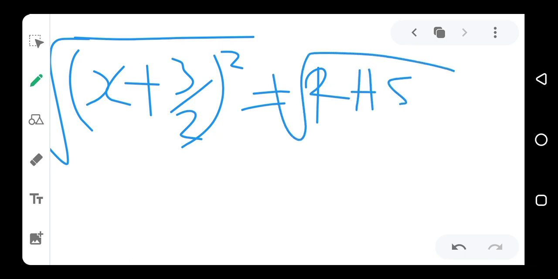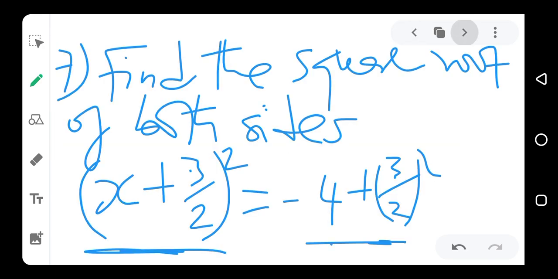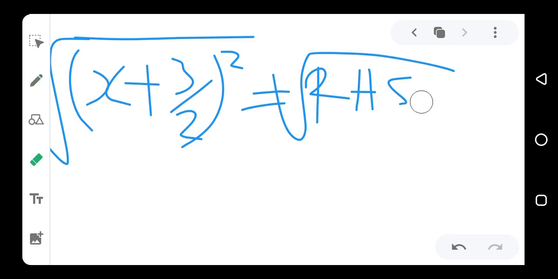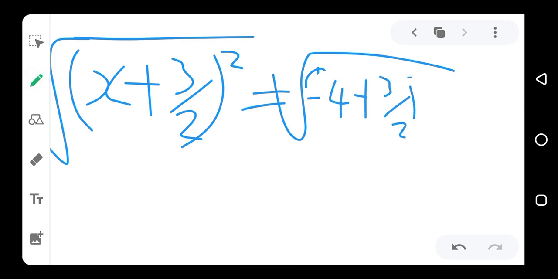In this case, assuming that we have this value, let's say minus 4 plus 3 over 2 squared. Now we find the square root of both sides. Now if we have the square root of a square, it is that value.